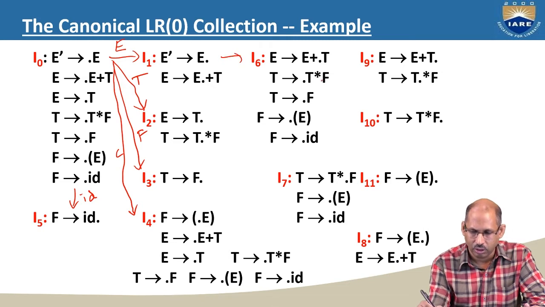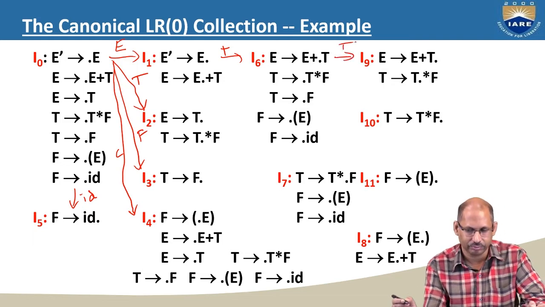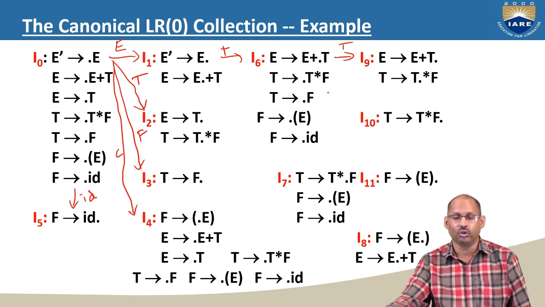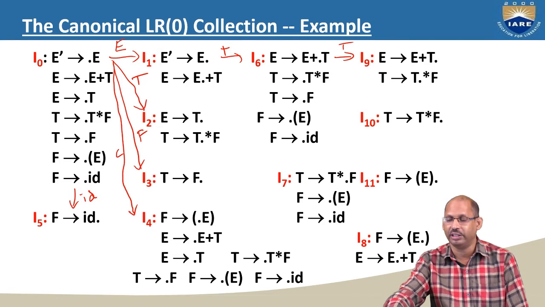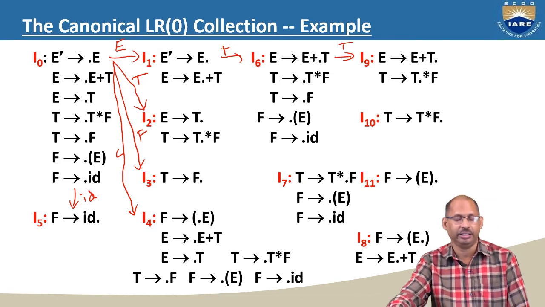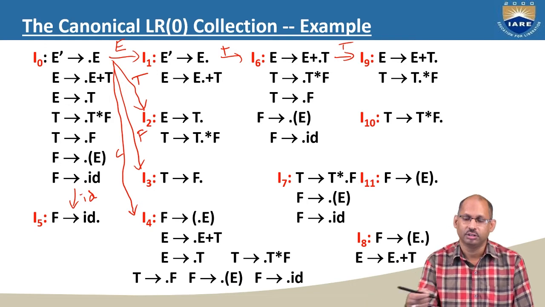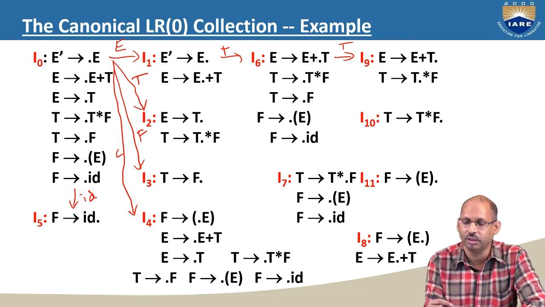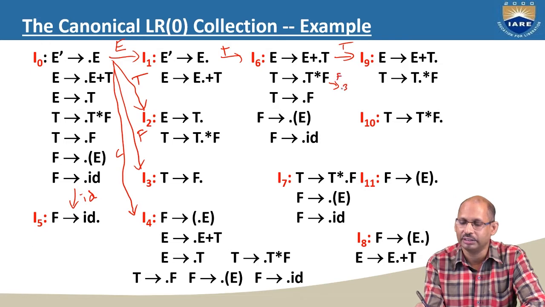Here on the plus sign, then on T, which will have other Goto operations on F, on the left parenthesis, and on ID. So all can be represented here once again. Simply we can say T is over, and on F it is I3.